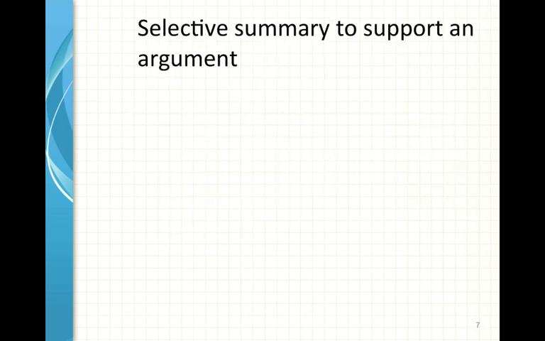Now, the best use of summary, and the use that you'll be using it for in your research papers, is to use selective summary to support an argument. In this case, you not only summarize what an author says, but you also use that summary to support your own ideas. Here's an example.